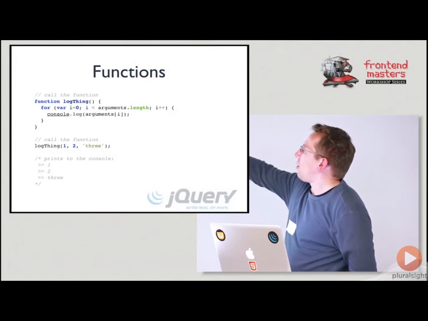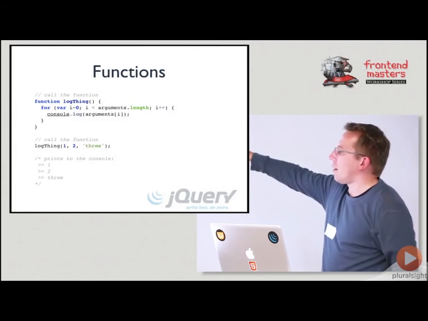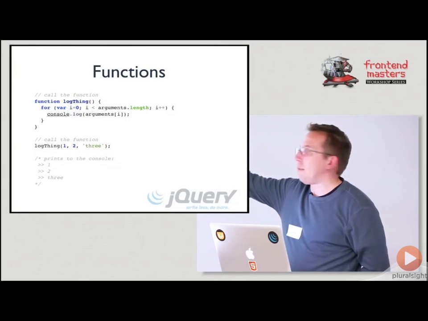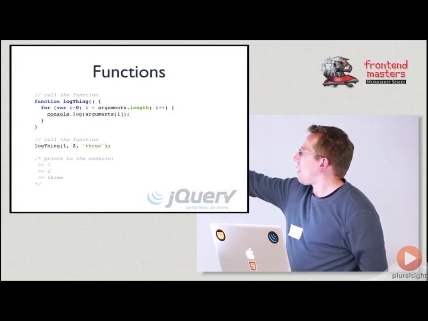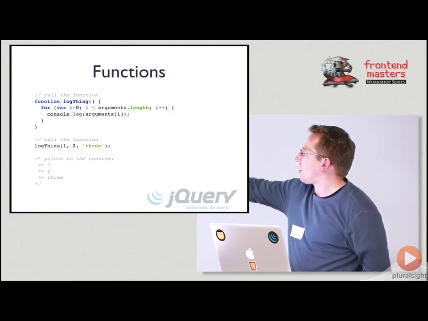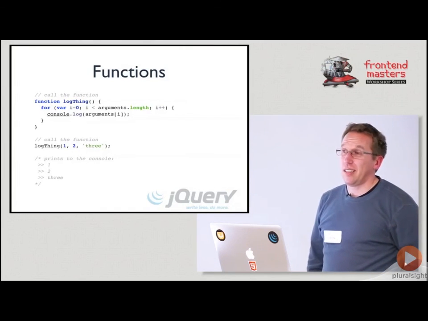And then for each one of those, I'm going to console.log the value of that argument. Right? And so if I call it like that, log thing 1, 2, 3, that's what it's going to print to the console. Does that make sense? It's kind of handy.